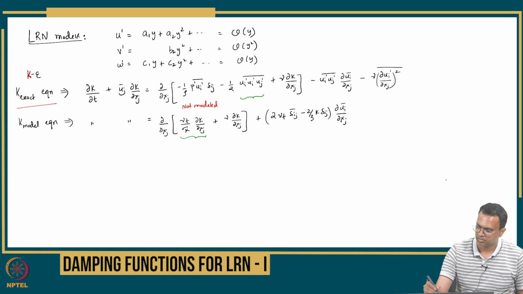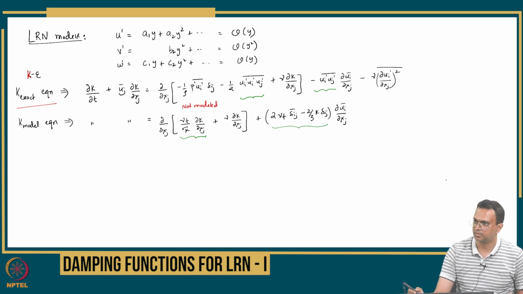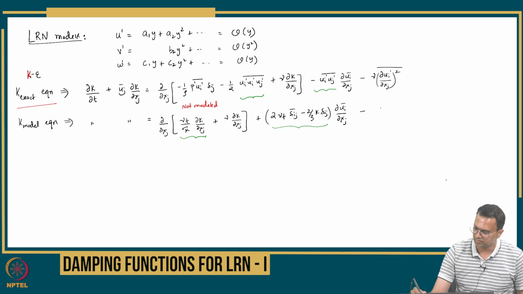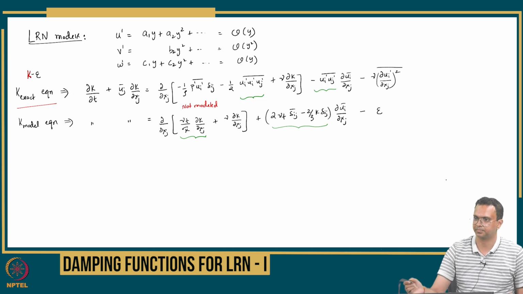Okay. So I also have this particular term now modeled. I'm only highlighting using green color the terms that are modeled that we need to focus on. The rest remains the same between the two. And here I have simply epsilon, where we solve another equation for it.